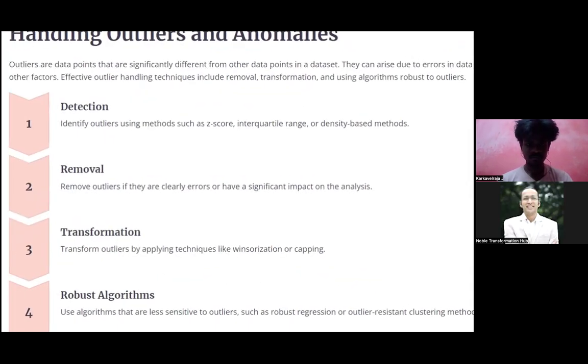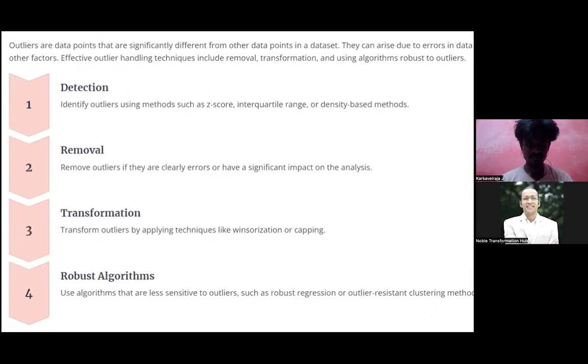Removing outliers: if they are clearly errors or have significant impact on analysis, you have to remove them. Suppose this data set I gave you is housing prices in a particular city. If you have this kind of data, you have to remove those data points because they will impact your model. Then transformation: we transform outliers by applying techniques called winsorization or capping.